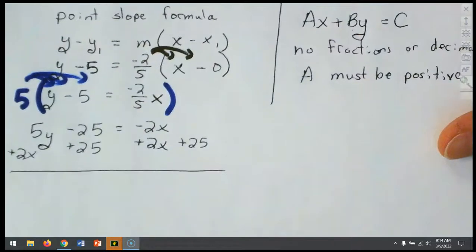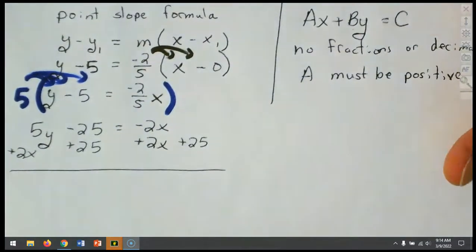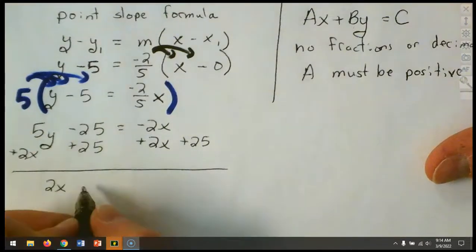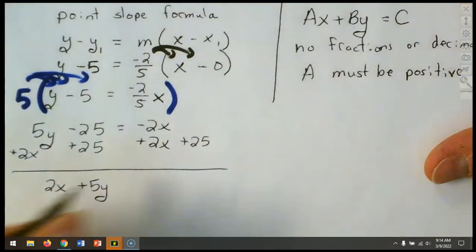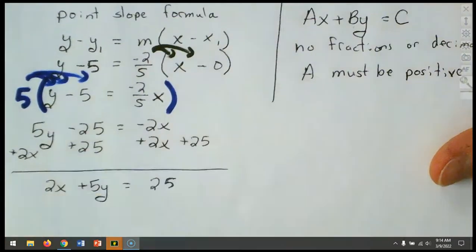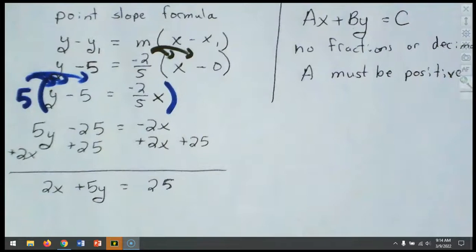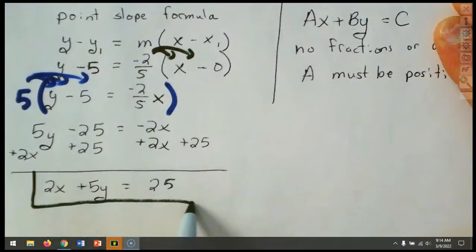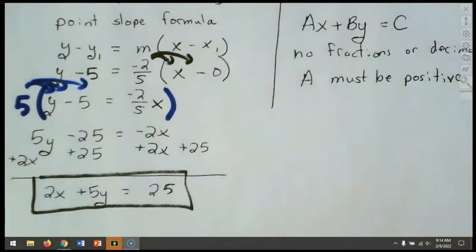So let's see what we're left with now. When we rewrite it, it should be in standard form, which is 2x plus 5y equals now 25. And that's going to be your final answer in standard form.